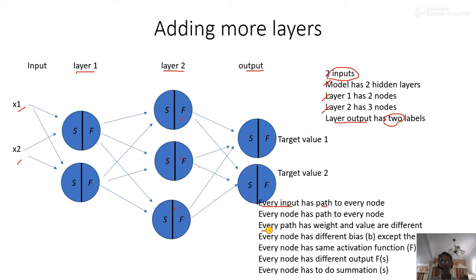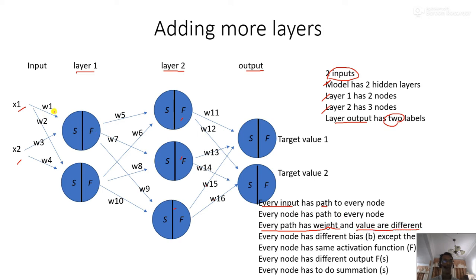Every path has a weight. So you have 4 paths and 4 weights, 6 paths and 6 weights here, and 6 paths and 6 weights here as well.